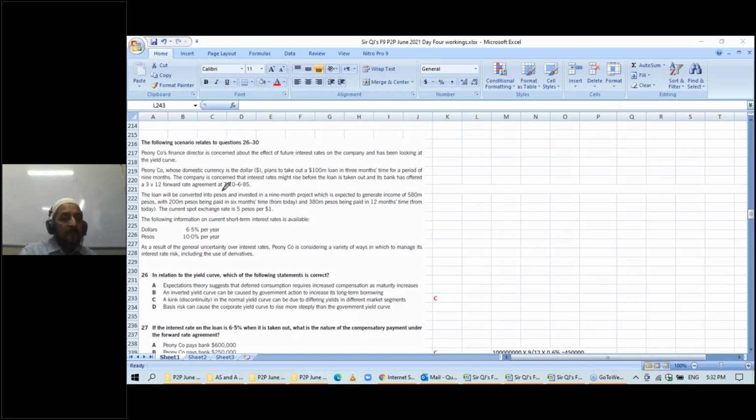See, 200 million pesos will be received in 6 months time, and the total amount to be received is 580 million pesos. So the foreign currency over here is peso. This is going to be received, and we are talking about an income received. So what rate should be used?